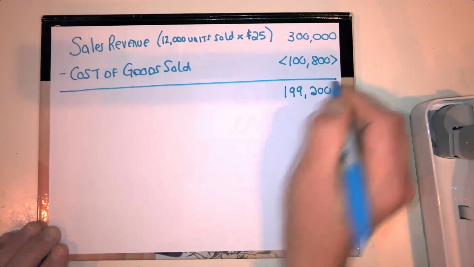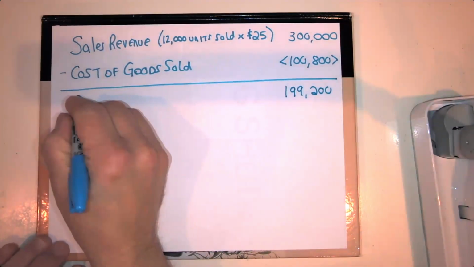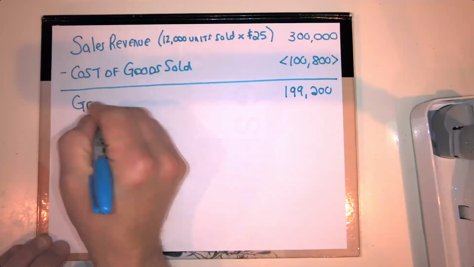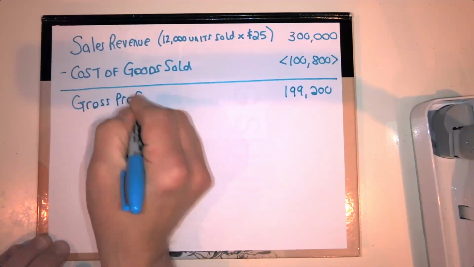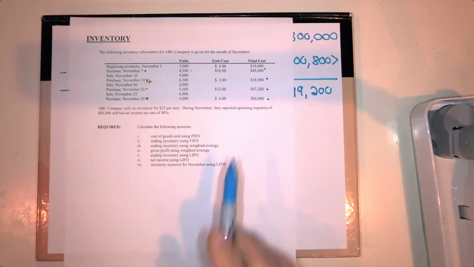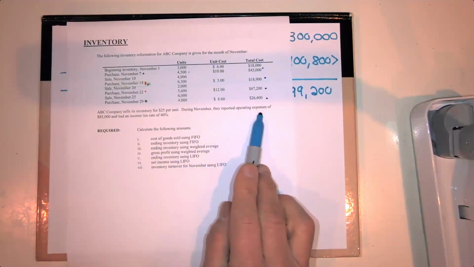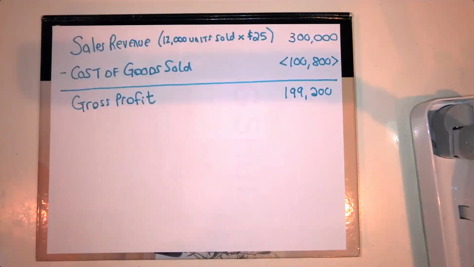And I also know that sales revenue minus cost of goods sold is called our gross profit. Which is not net income. I still have to subtract my other expenses. And they told us in the problem during November, ABC Company had operating expenses of $85,000.